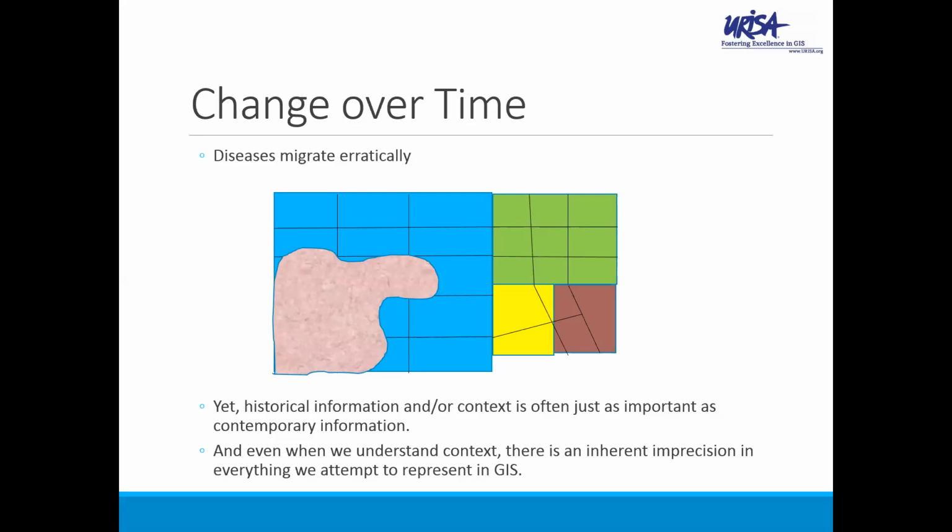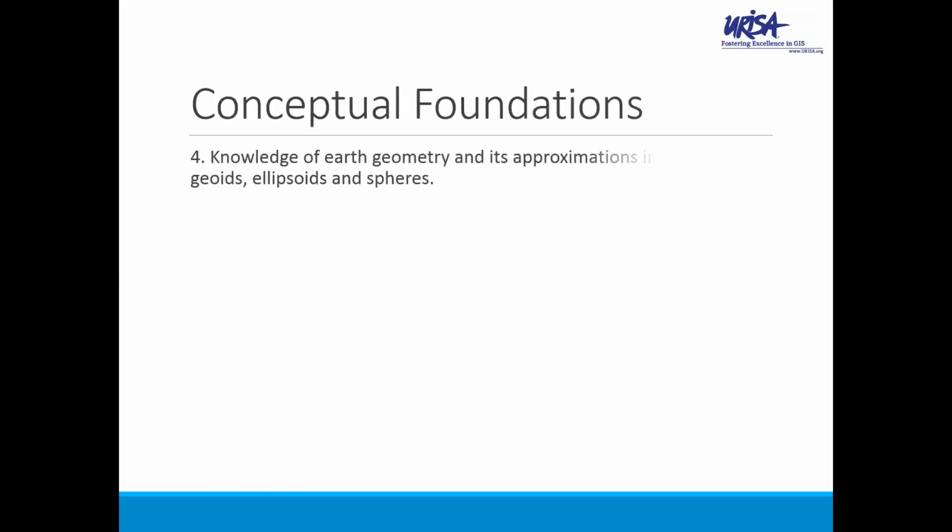And in some cases, we may be representing very imprecise information overlaid with very precise information. And then we may be inadvertently fooling ourselves and our users by implying precisions that are not there. So it is a very important issue to understand this.